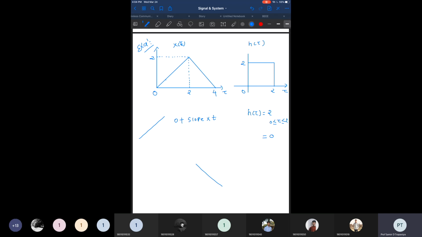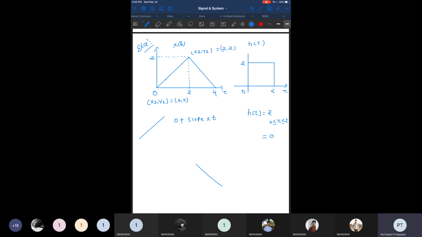At one point we have x2 and y2, and at the other we have x1 and y1, right? So x1 and y1 are both 0, but for this function x2 is 2, the x-axis value, and the y-axis value is also 2.